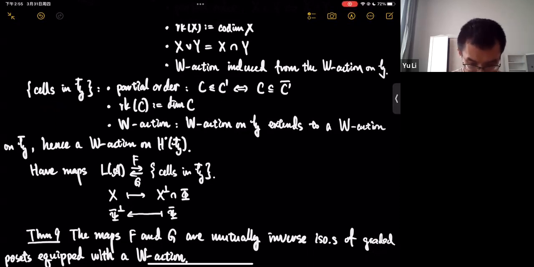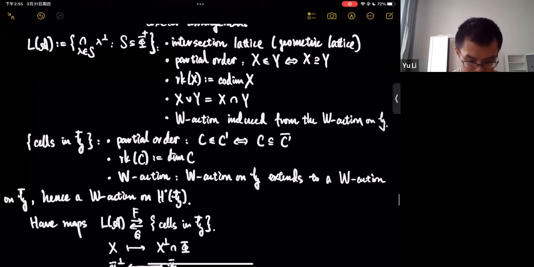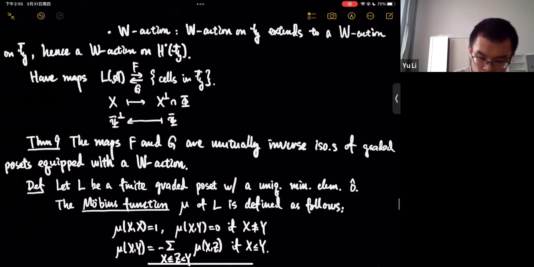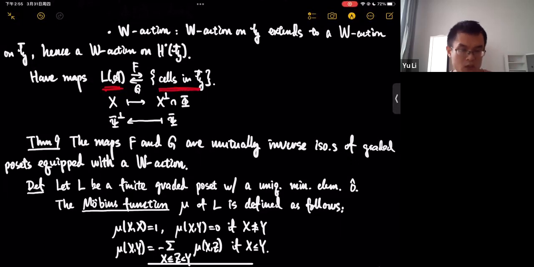Okay, so the reason I introduced the intersection lattice is the following. So we have first this intersection lattice. We also have this geometrically defined poset with respect to our affine stratification. And I have maps F and G back and forth. I don't have enough time, so I won't go through the definitions of these two maps. I'll just say that the content of Theorem 9 is that these two maps F and G are mutually inverse maps that preserve all the structures I mentioned.